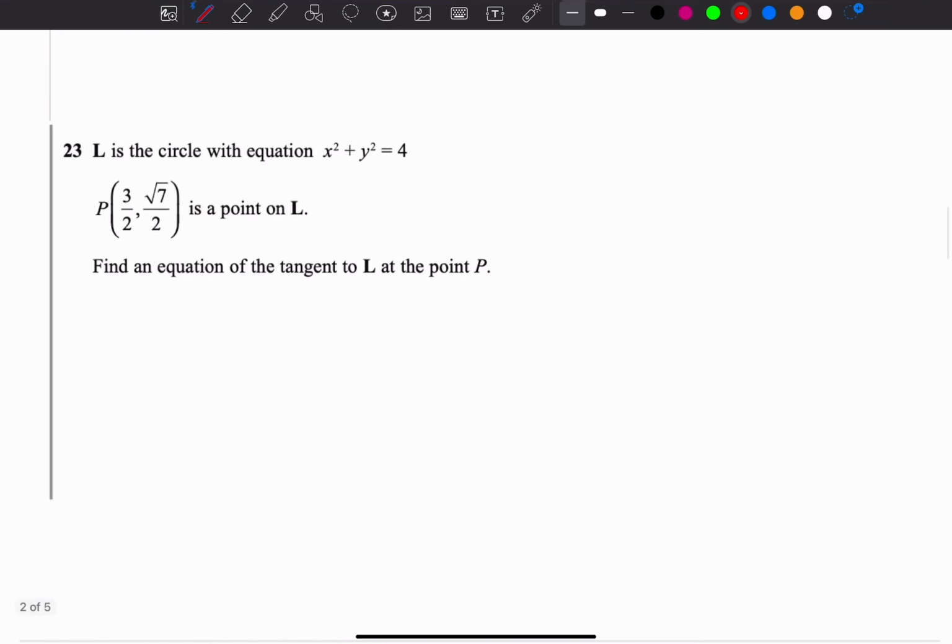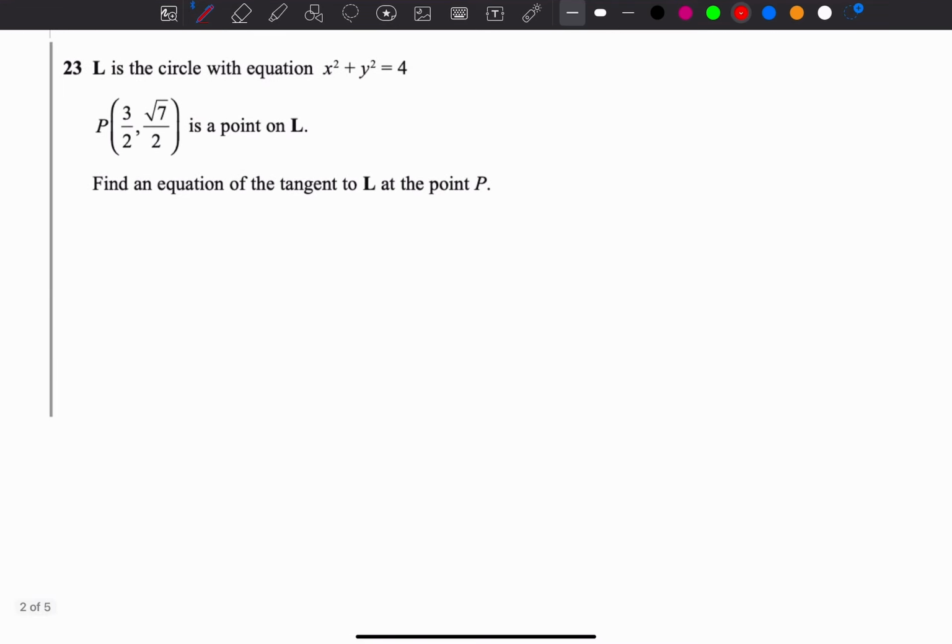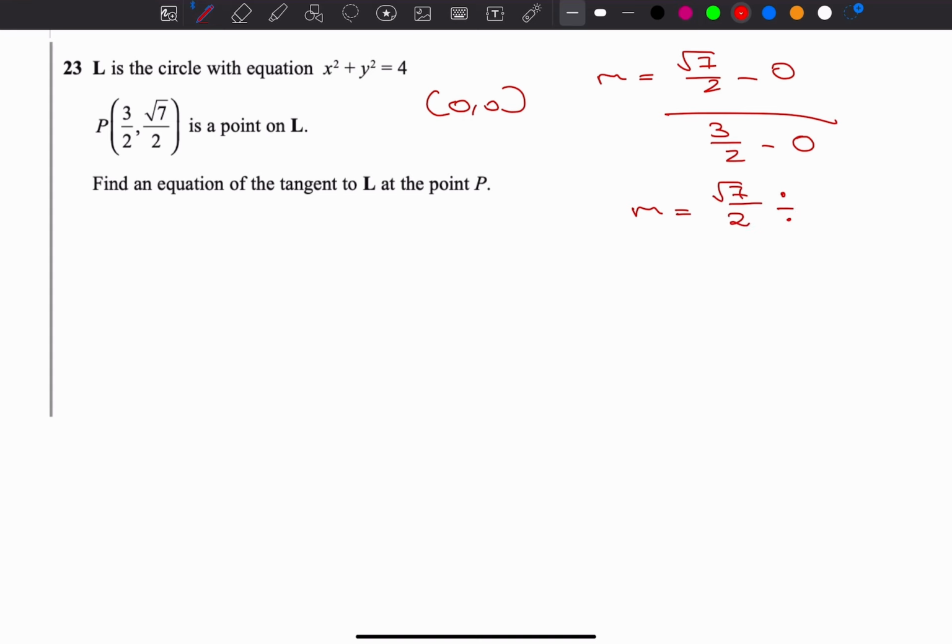Next one, you will do the same thing. Center is 0, 0, so the gradient is change in y over change in x: root 7 over 2 take away 0, over 3 over 2 take away 0. That's root 7 over 2 divided by 3 over 2.